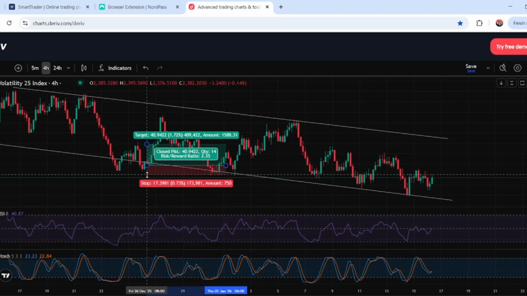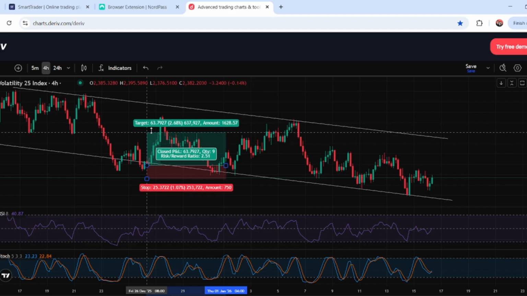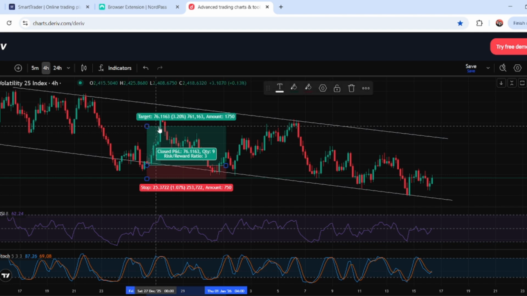So you got to make your stop loss depending on what you want to target. Let me just make a 250 pips stop loss, then we target 1:2 or 1:3. Most of the time just target 1:2 to 1:3. This is 1:3.